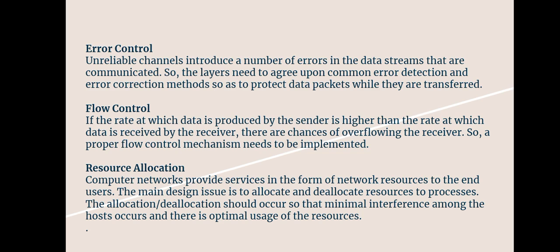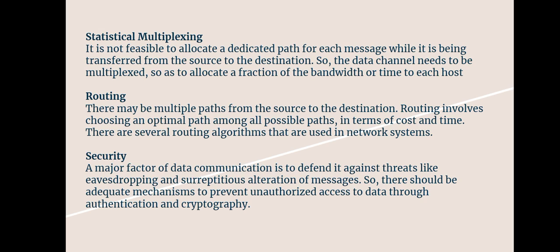It also consists of a flow control mechanism, in which a constant data rate is maintained at both sides, and in the access control mechanism, an access method is followed between both sides. So these are the main design issues.